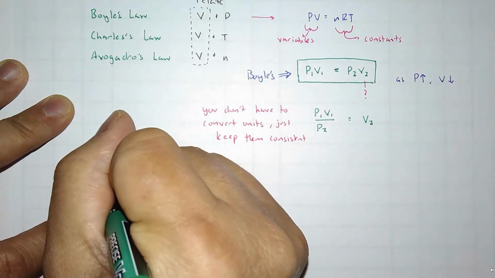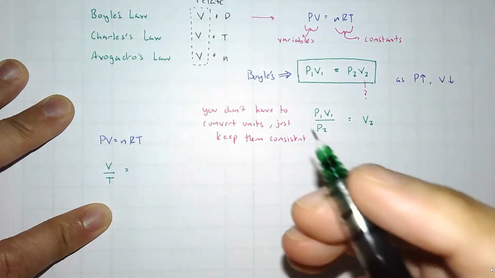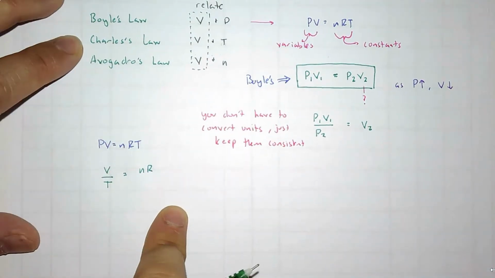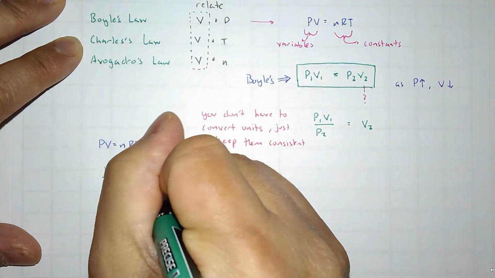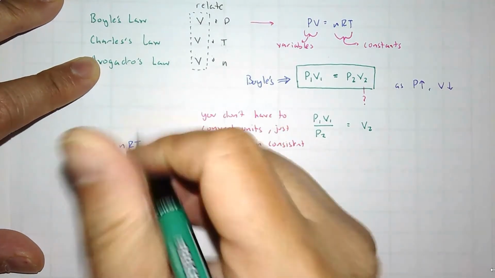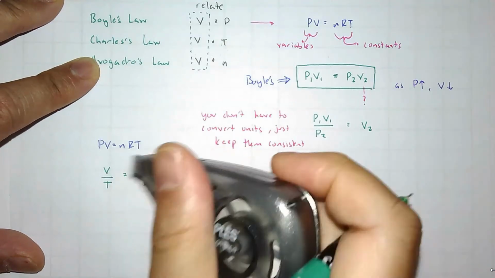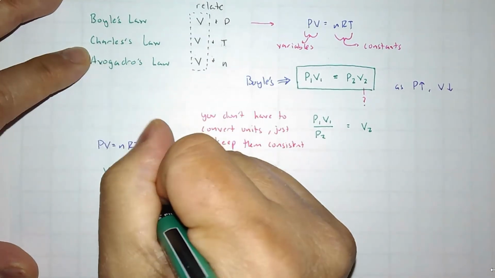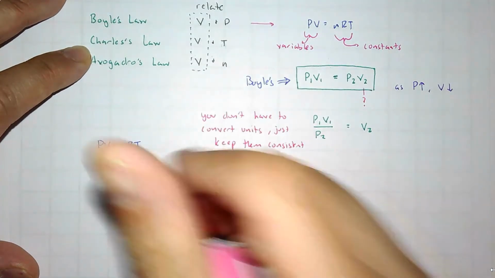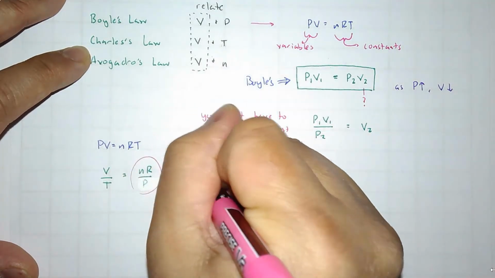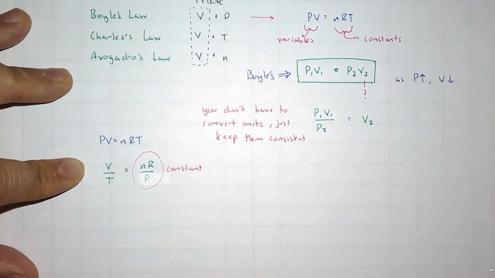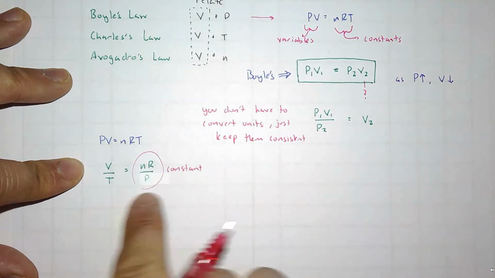We're going to divide it by the variable T, which equals nR, and then P is going to be constant in this relationship, so we bring P over. So now this side, nR over P, is the constant. So V over T, in any situation, we're going to make it equal to this constant.